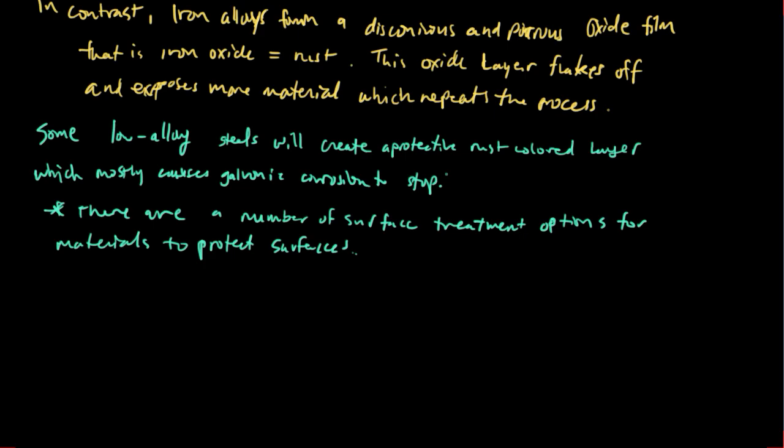So another form of corrosion is galvanic corrosion, and this mechanism is when we essentially have an electrical potential between materials, okay?